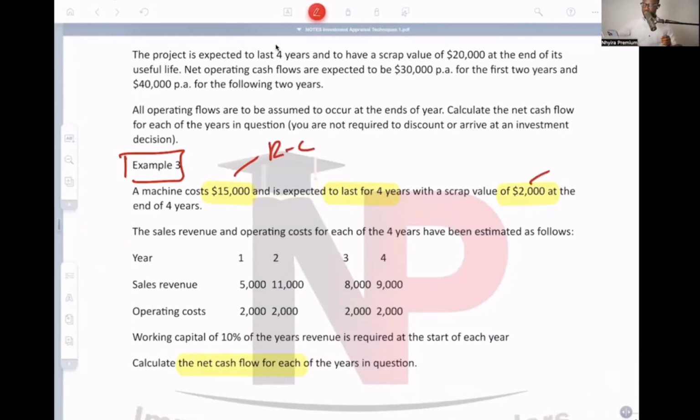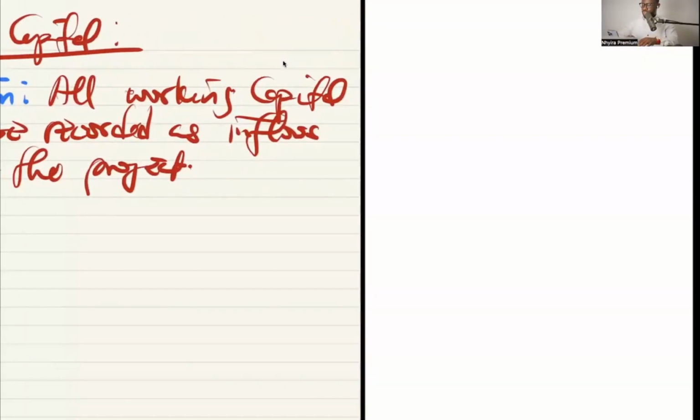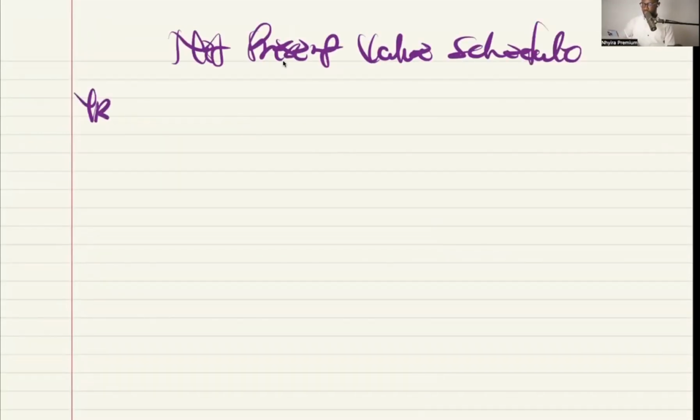The scrap value, 2,000, is also a relevant cash flow because that will be an inflow at the end of the project. Now the project life here is 4, so I can set out my NPV schedule here, and I'm going to have year 0, 1, 2, 3, 4. We're going to slash in our currency sign.